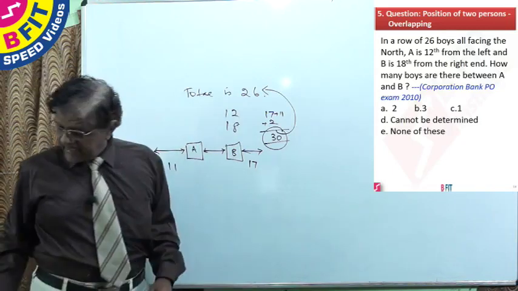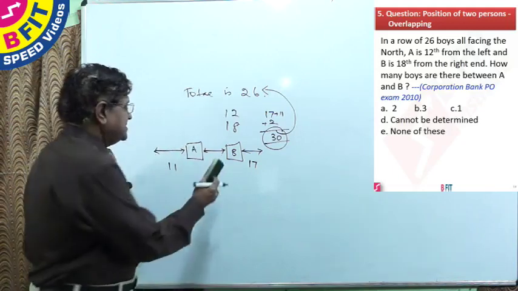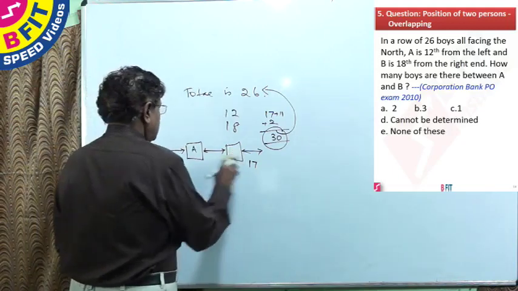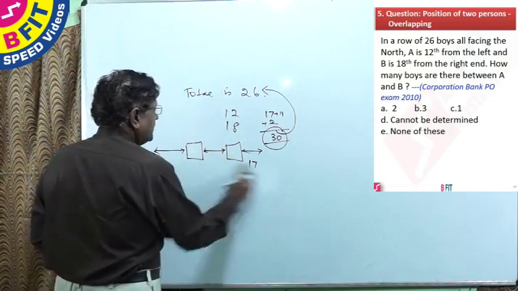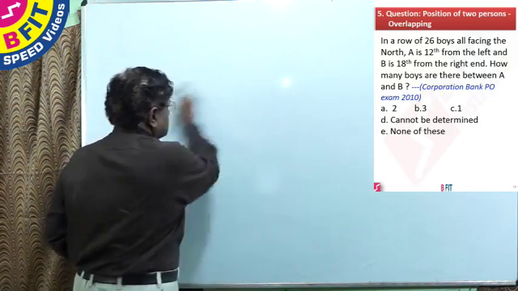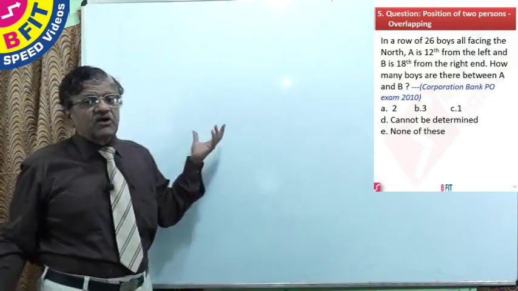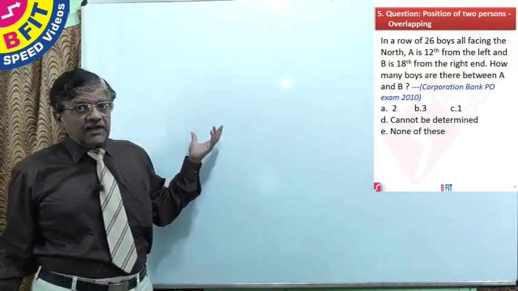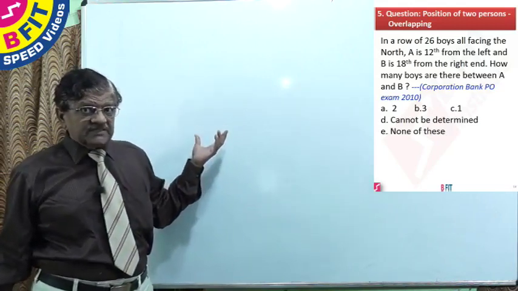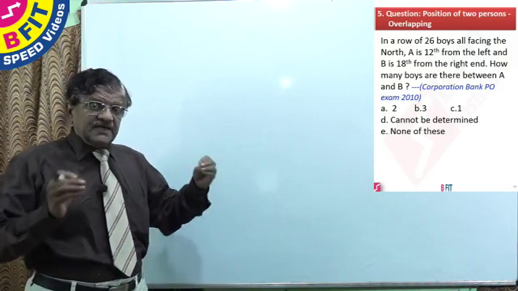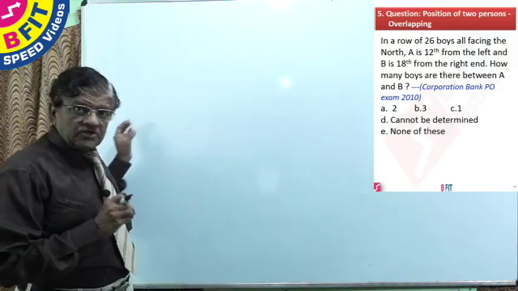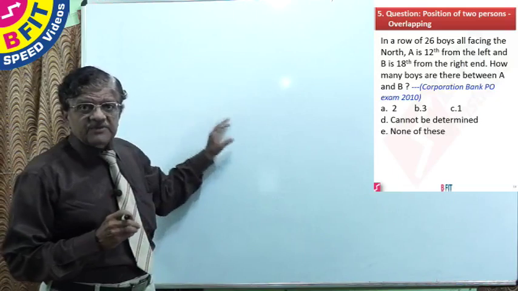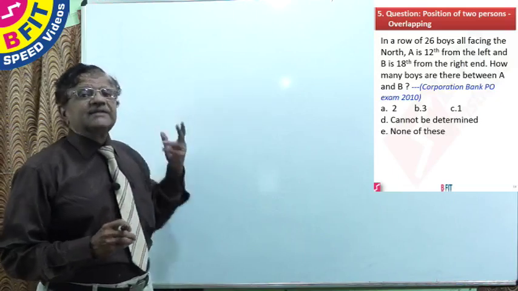What is an overlapping diagram? You simply interchange the position. That's all. Now how will you draw? I will show. Wherever the total number of persons in the row is less than the total of persons from left plus total of persons from right, then there is an overlap.